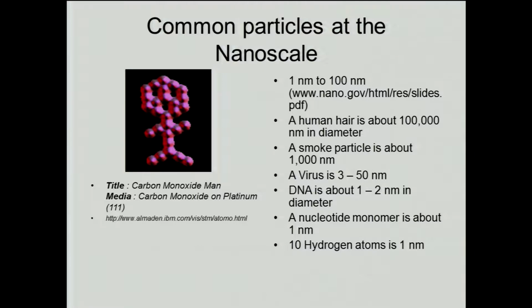Okay. If it is the smoke coming out from your car exhaust, the particle size is a lot smaller than this. Okay. Again, a virus is in the order of 3 to 50 nanometers, DNA, a nucleotide, and hydrogen atoms or any atom are smaller than 1 nanometer.